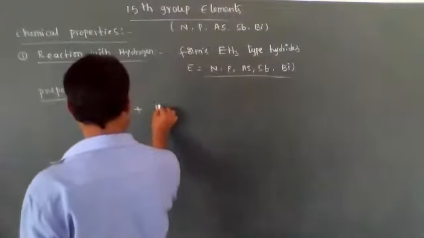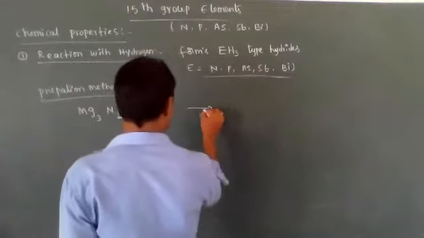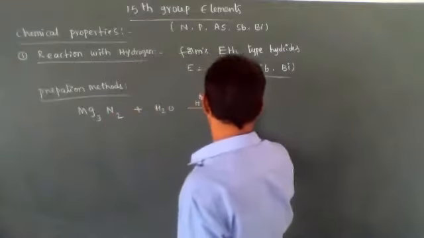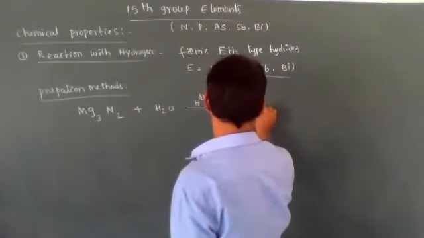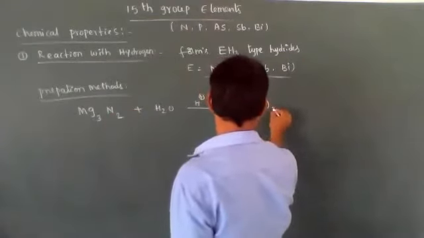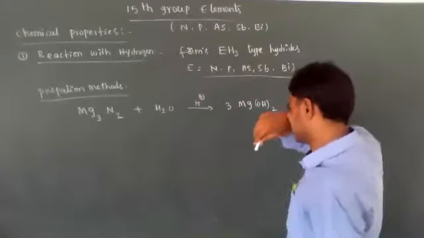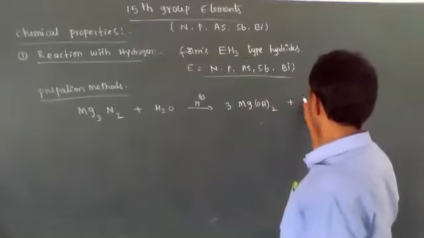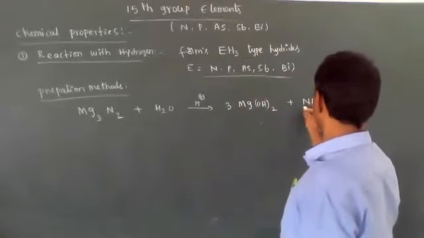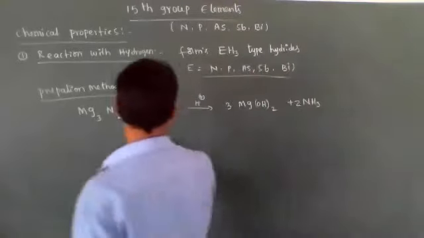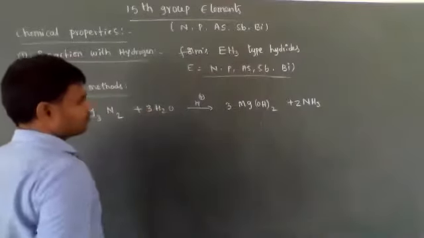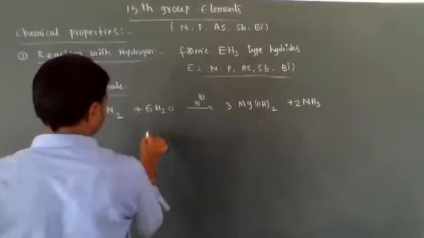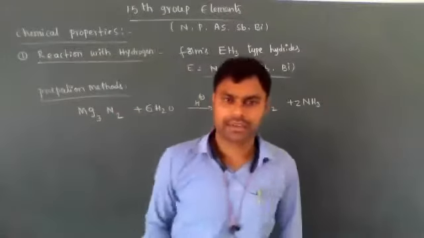On hydrolysis in acidic medium, we get Mg(OH)2 plus NH3. For 2 moles of ammonia, 3 moles of Mg(OH)2, so 6 moles of water we need to take.